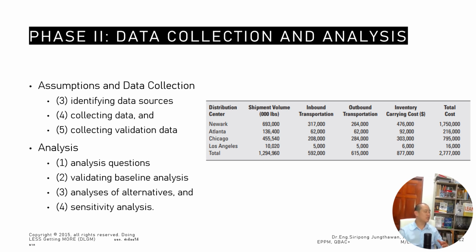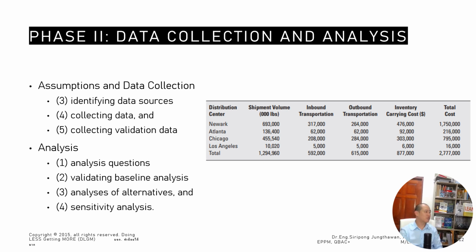So here you can see the distribution centers. We have distribution centers in five areas: New York, Atlanta, Chicago, and Los Angeles. Then we know the shipment volume, inbound transportation, outbound transportation, inventory carrying cost, and the total cost. You can see it in the table. Here are the analysis questions: how much shipment volume for each?